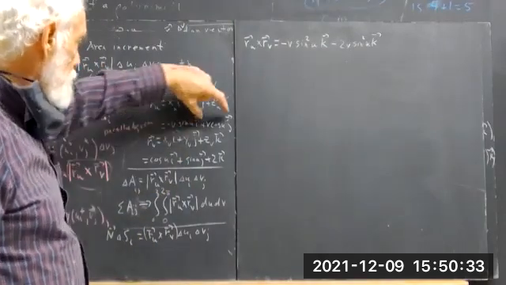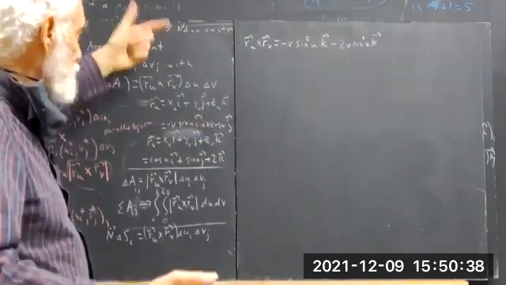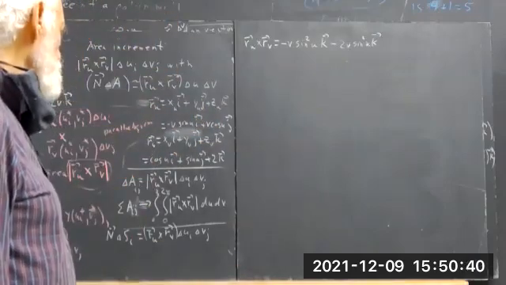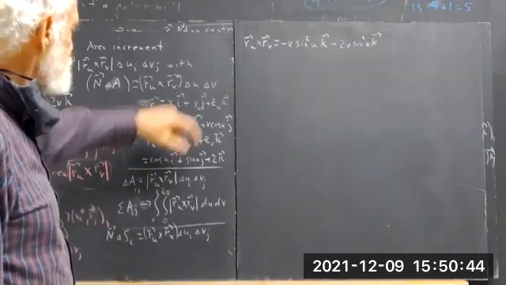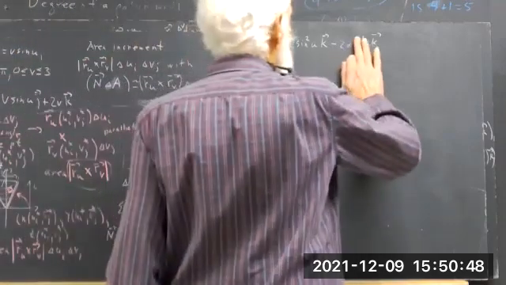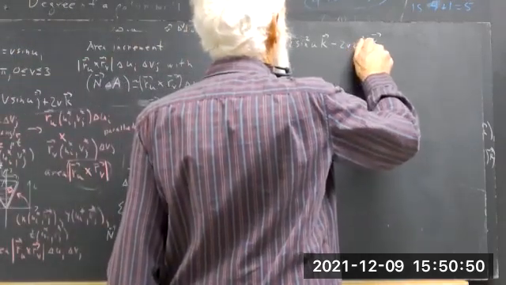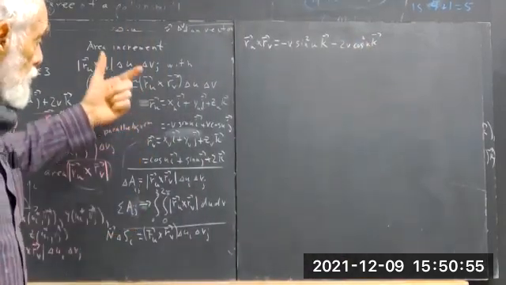Then we have V cosine U J crossed with sine U J. Wait a minute, am I doing this right? We're doing this crossed with this, which will give me a cosine squared U. I'm sorry, it's late in the day. It's the best I can do.